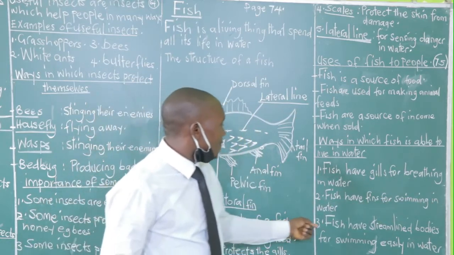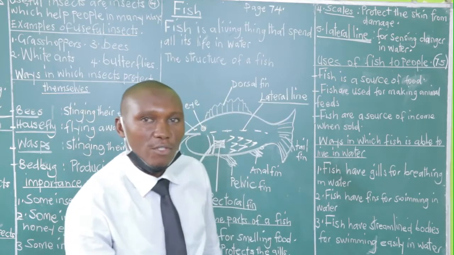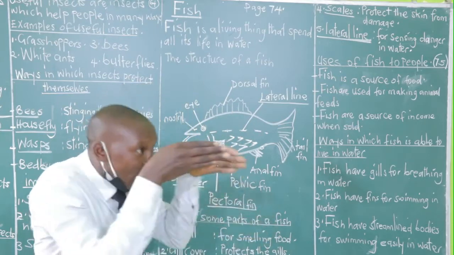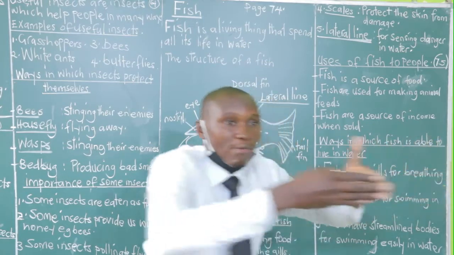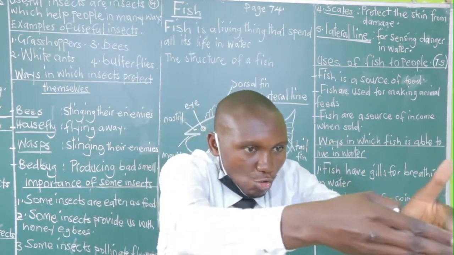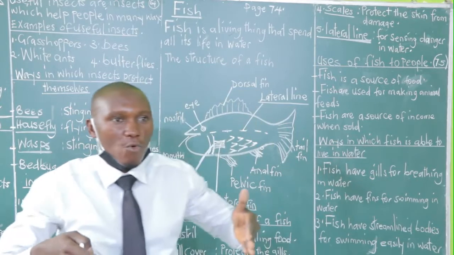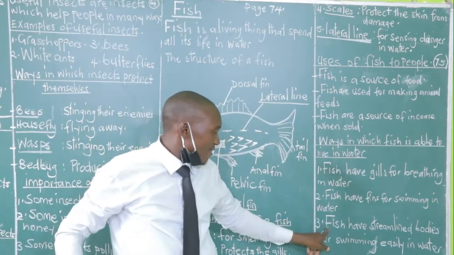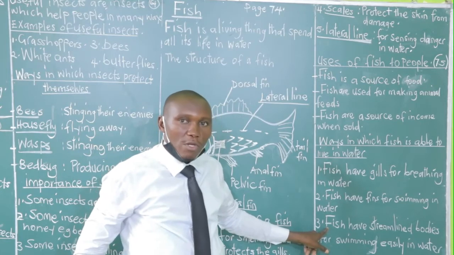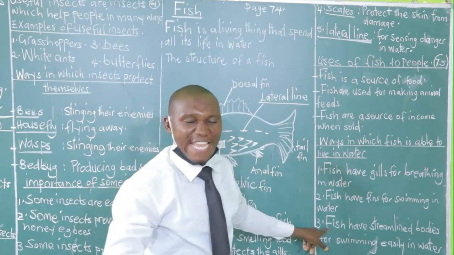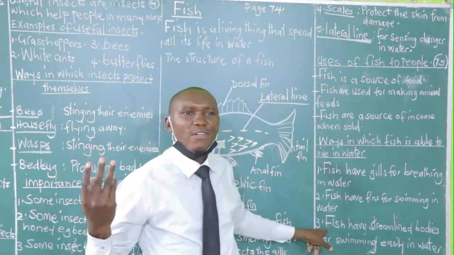Thirdly, fish have a streamlined body. Whenever you see a fish, it is streamlined in front to swim easily in the water. This is the major feature for the fish that enables it to swim easily and quickly in the water.